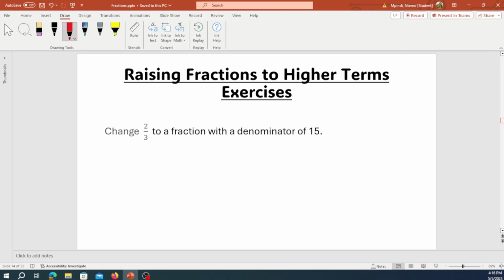So we're gonna work on this one. We're gonna rewrite here 2, 3, and then we're gonna write equal.